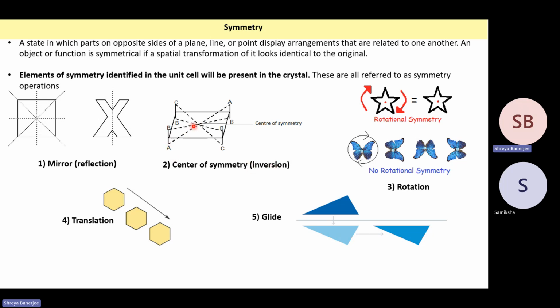From A, if you go to the center and move an equal distance in the opposite direction, you will get another A. From B, you will get another B. Similarly, from C, you will come to C. From every atom, if you come to the inversion point and move an equal distance in the opposite direction, you will find the same atom. In that case, the molecule is said to have a center of symmetry or inversion center.